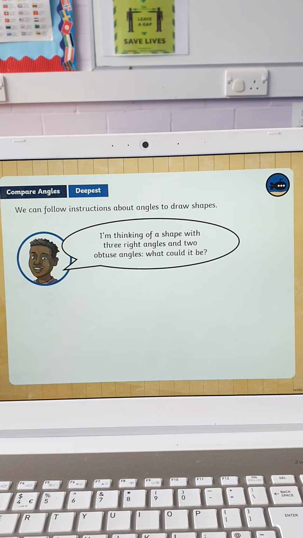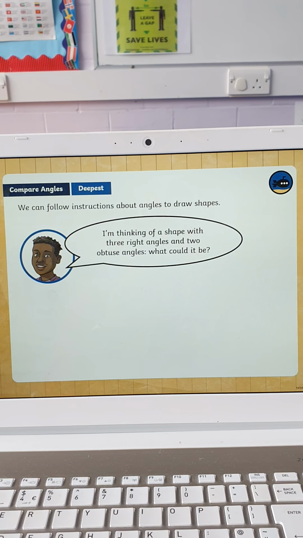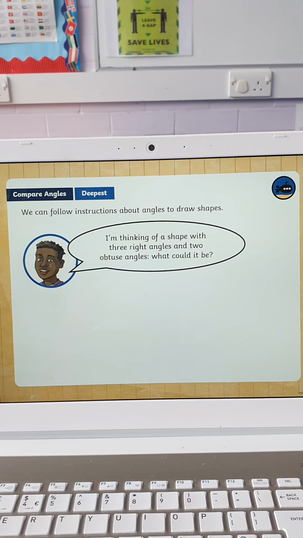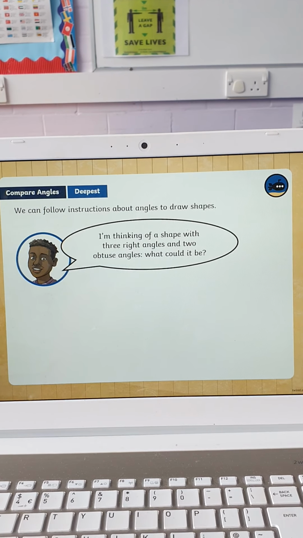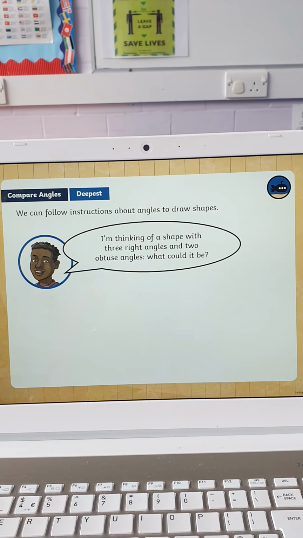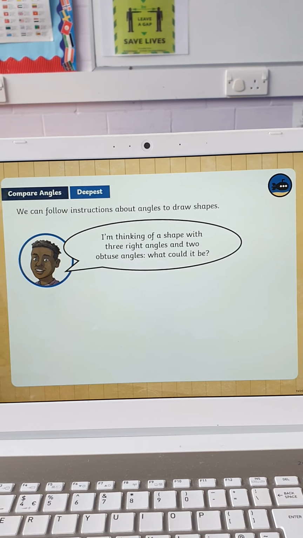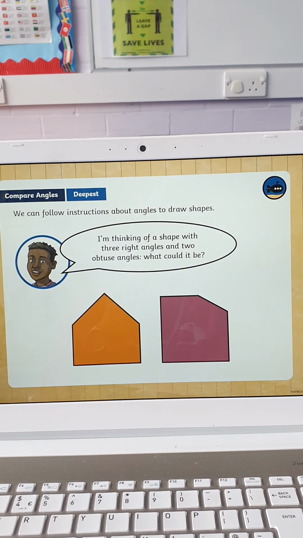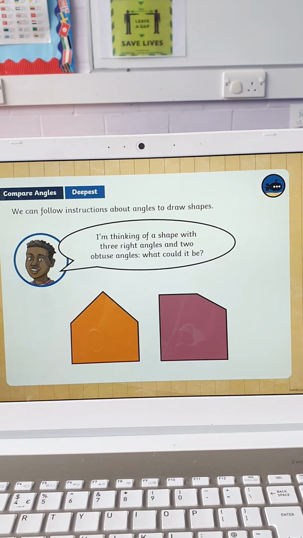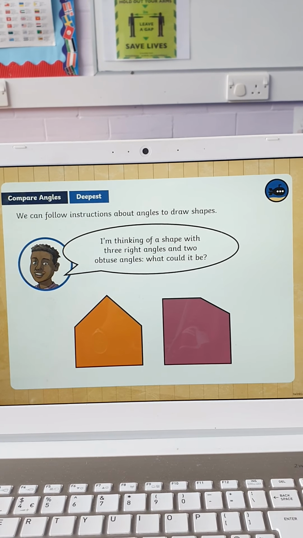So when we're trying to draw shapes, we can use the instructions about angles to help us. So if you're thinking of a shape with 3 right angles and 2 obtuse angles, you could be thinking of different shapes. There are 2 examples. I'm sure you could draw some more.